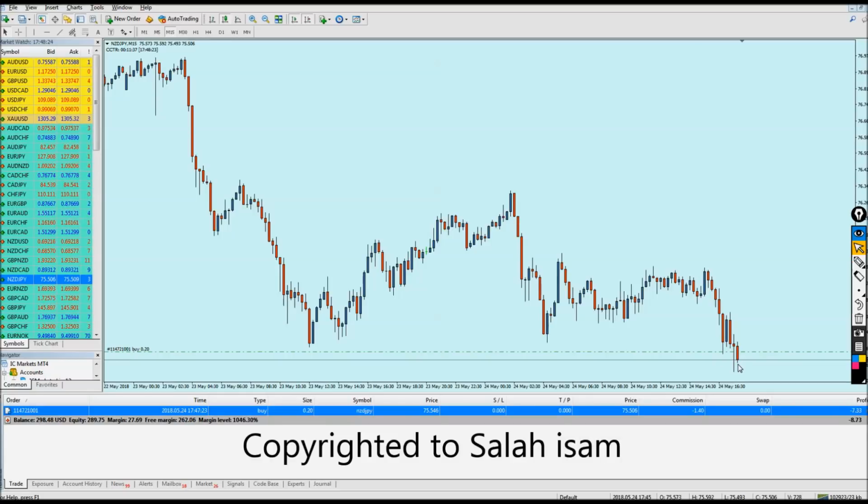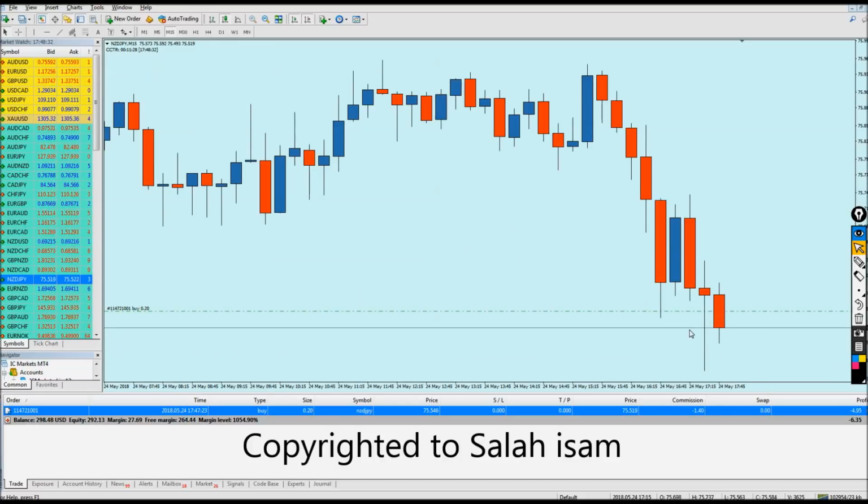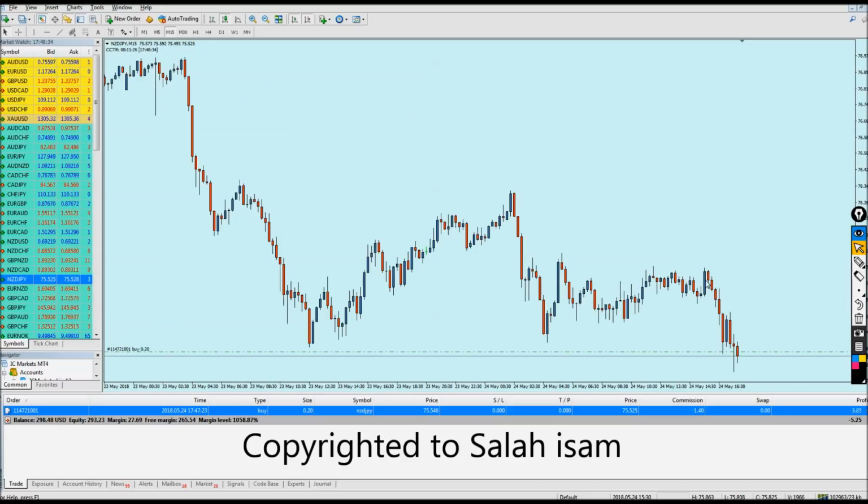Just waiting, waiting, waiting. Actually, it should have reversed, but sometimes the market goes down just to create the wick. And as you can see, it's already slowly reversing. So from my point of view, it just went down to create the wick, and you can see it's now reversing. Let's wait more time to see what's gonna happen.